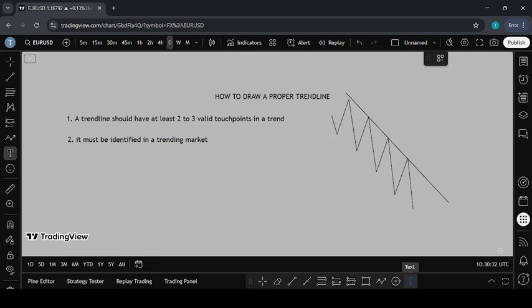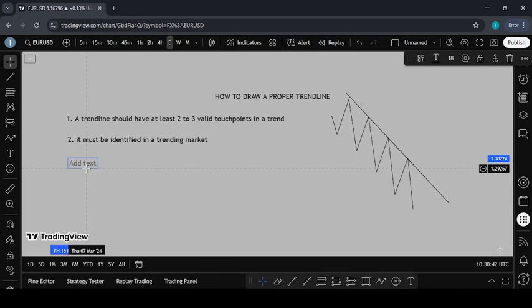What other characteristics do we have? A trend line should not cut through bodies. This is the way I draw my trend line. I told you guys most of the things I'll be teaching on this channel are what I use to trade, the rules I use for myself, so they might be different from other traders.